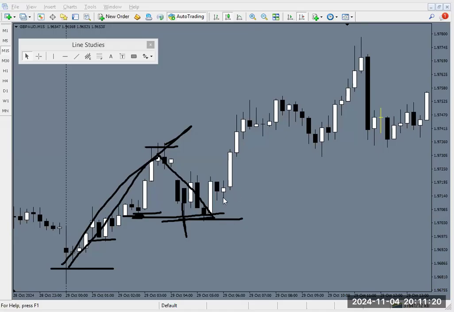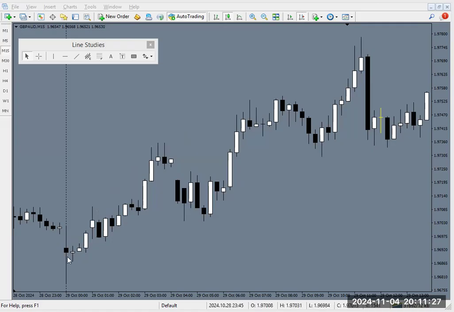I'll only begin to consider this trade as a reversal when I see a break and close below this low.